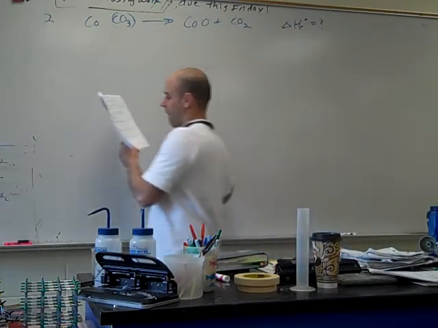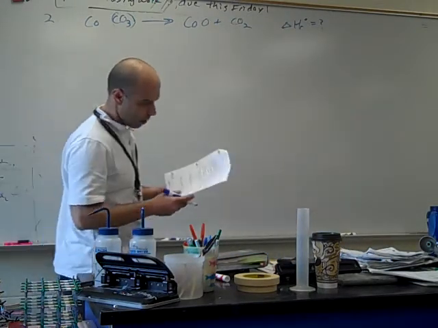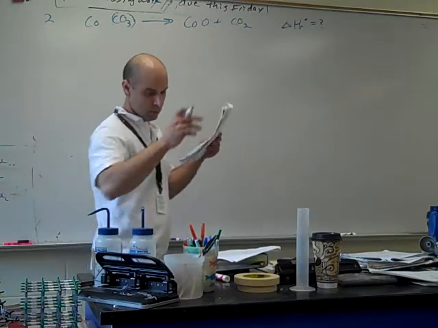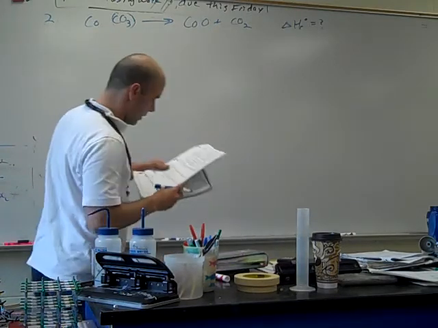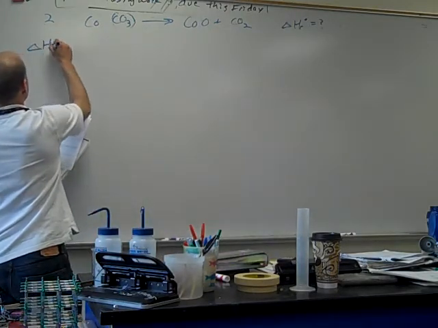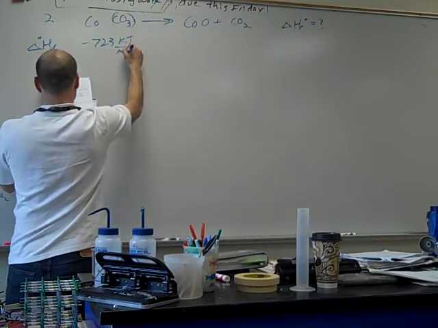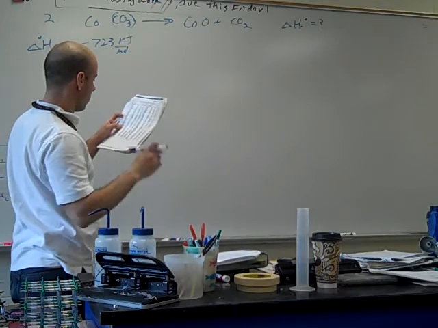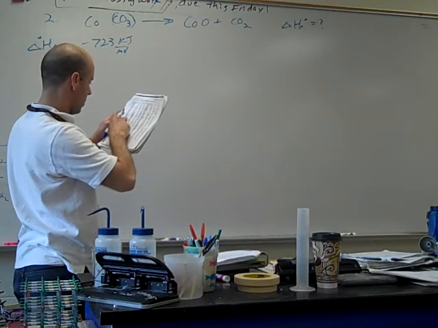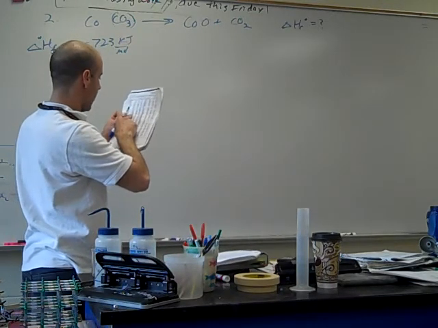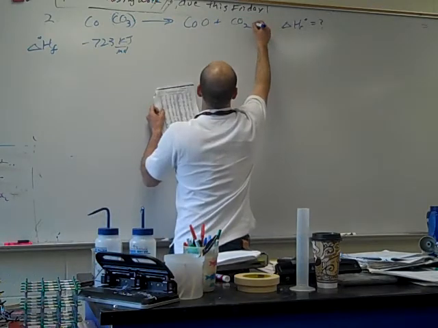So, the delta H formation of cobalt carbonate is negative 723. For carbon dioxide gas, I should really be putting what these things are.